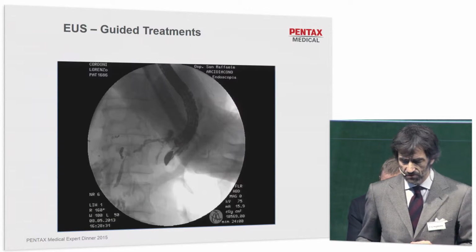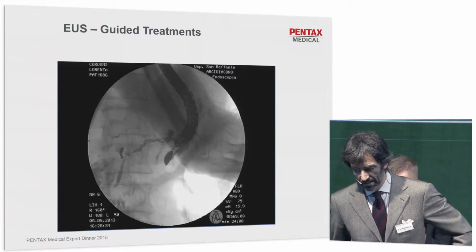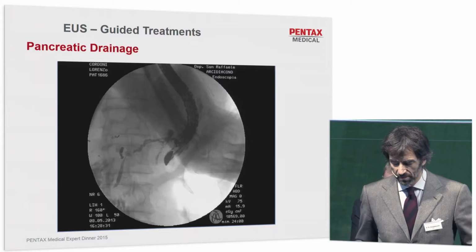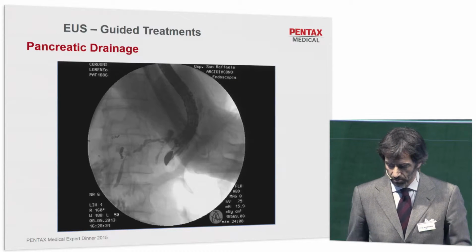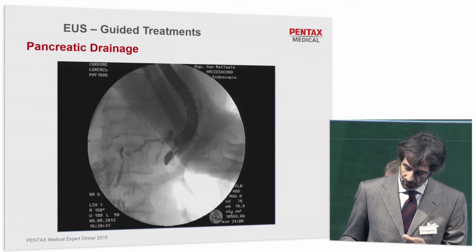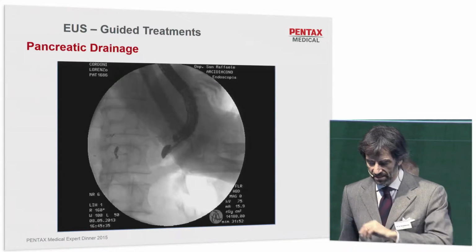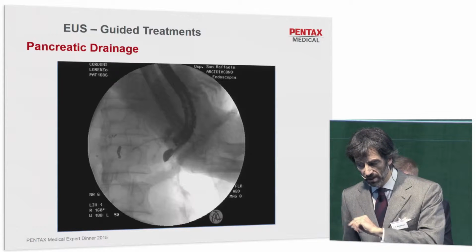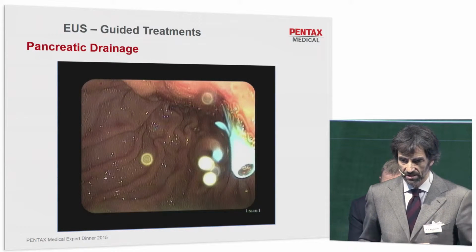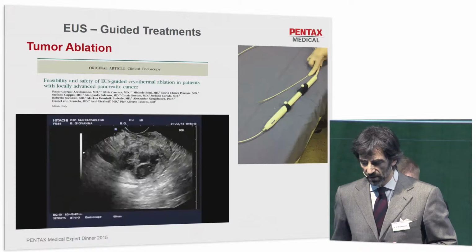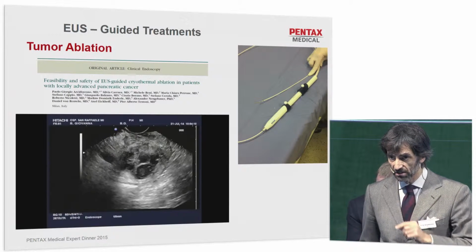Or in case of rupture of the pancreatic duct, we can use our endoscope to perform a pancreatoscopy and then pass a guide wire, and over the guide wire we can dilate the tract, and then we can put a stent to perform the pancreatic drainage. Or as well, if we can start the video, please.